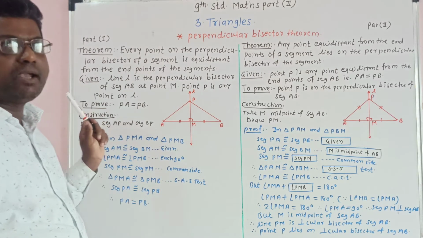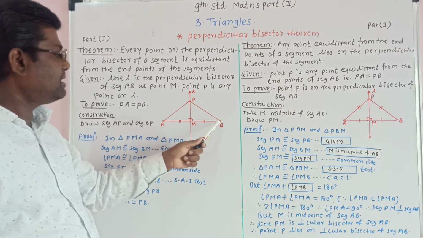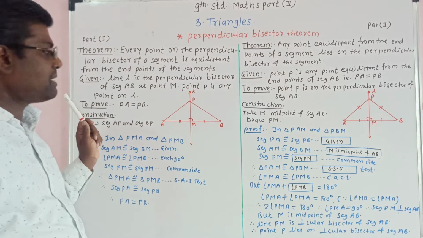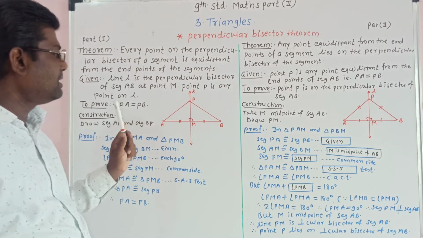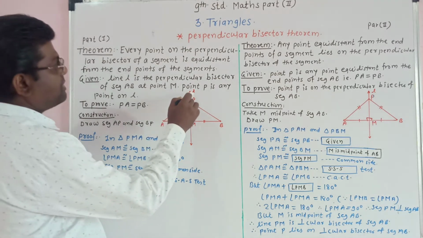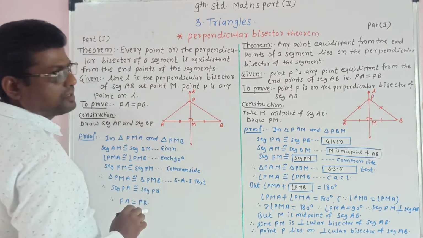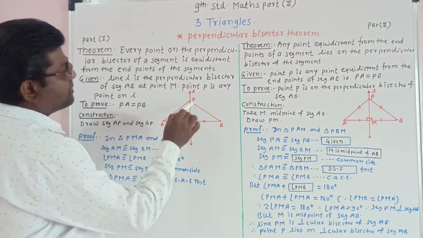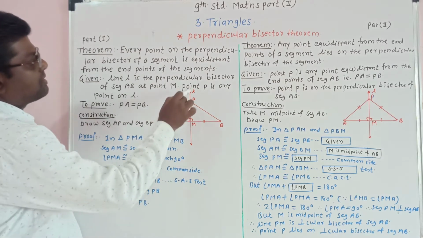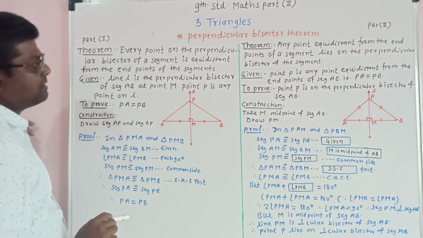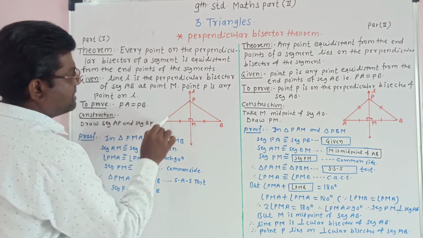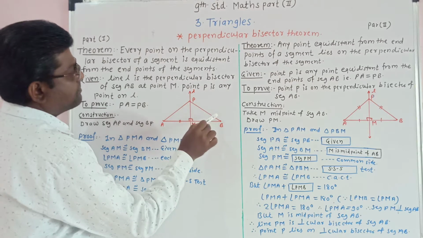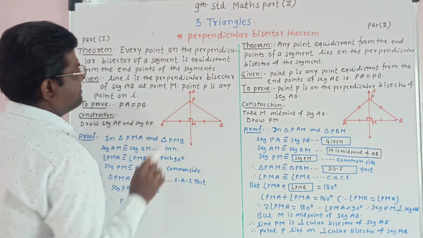AB is a segment, A and B are the endpoints, and this line L is the perpendicular bisector of AB. Then every point on line L is equidistant from the endpoints A and B. Suppose here is a point P on the perpendicular bisector L. Then the distance of point P from A is PA, and the distance of point P from B is PB.